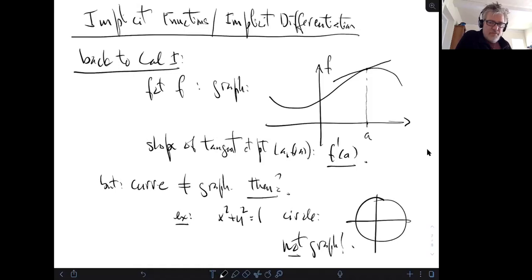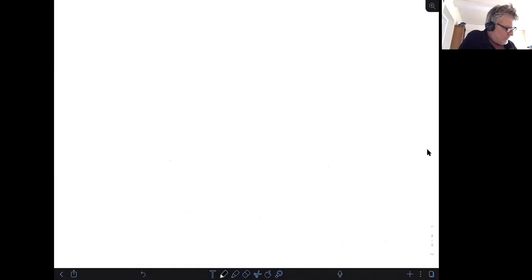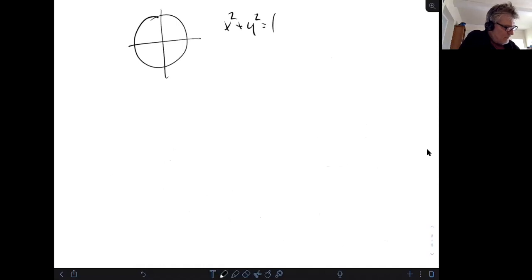If I'm asked to compute a tangent to this curve, then clearly this method that we saw just earlier is not going to work. So let's go back to our circle like this. x squared plus y squared. So let's say I want the slope of the tangent.